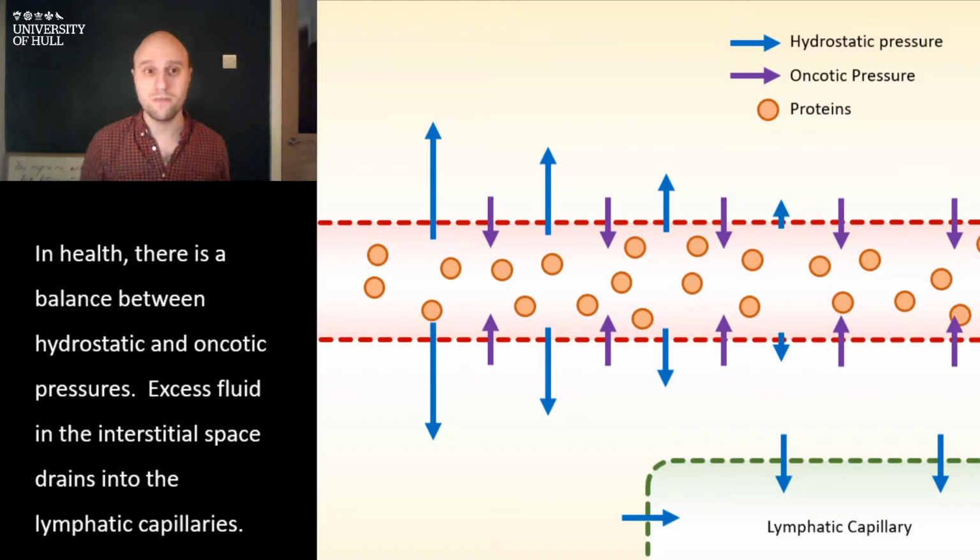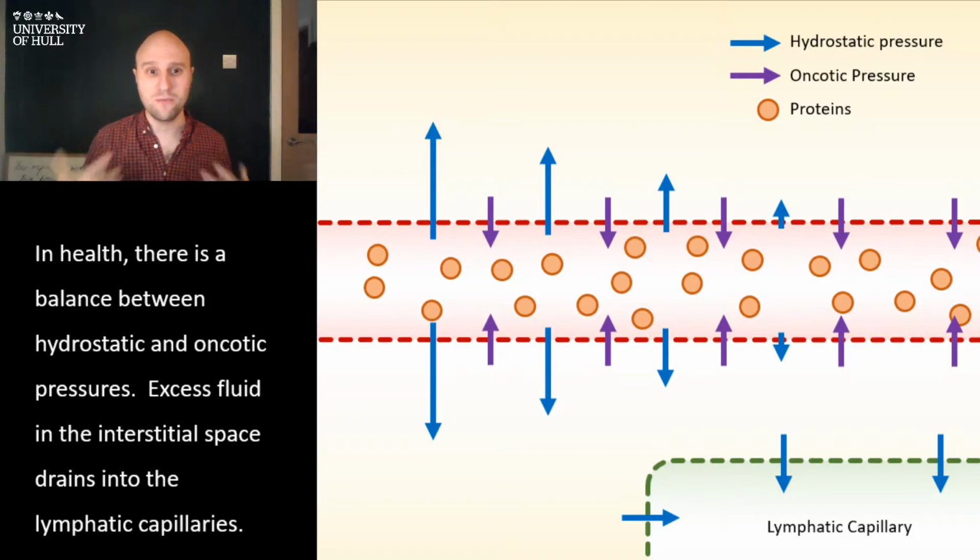And as we mentioned before, in health, running alongside the systemic circulation, we have lymphatic capillaries, and they're also permeable to water, and they help drain away that excess fluid that's been pushed out of the capillaries due to hydrostatic pressure but hasn't been drawn back in by the oncotic pressure.